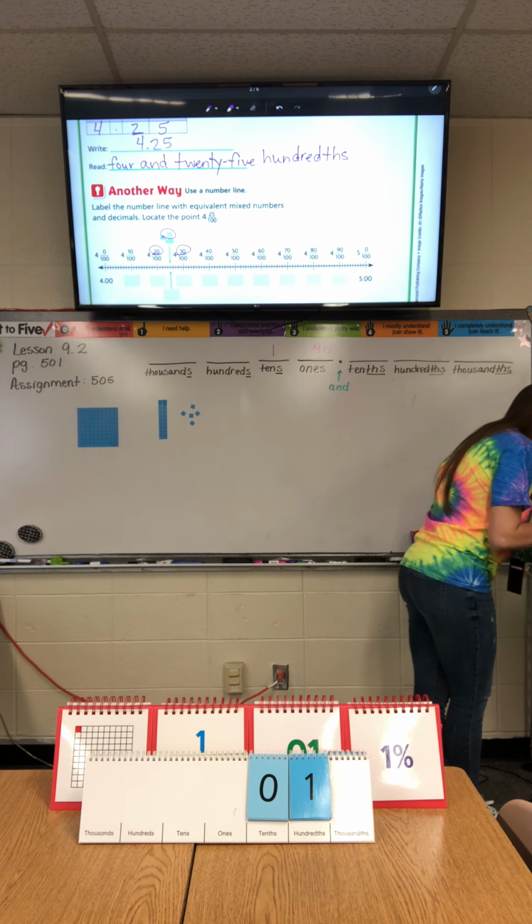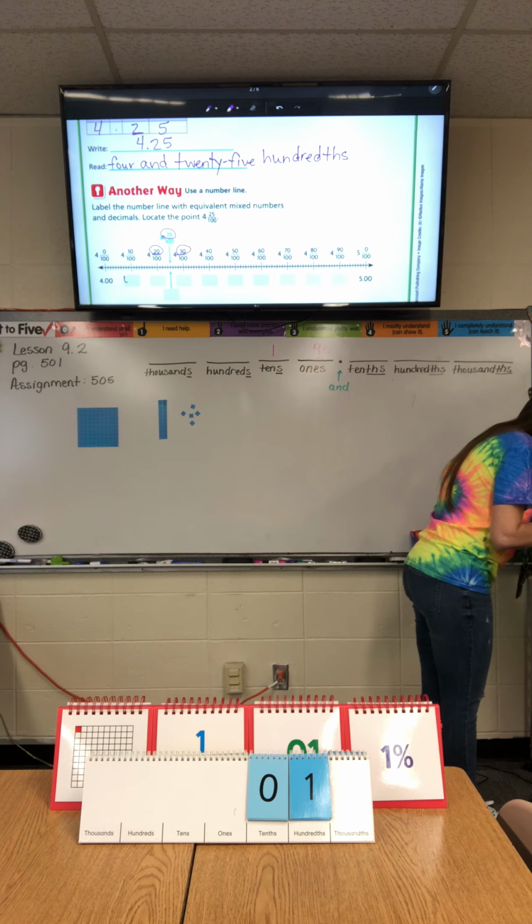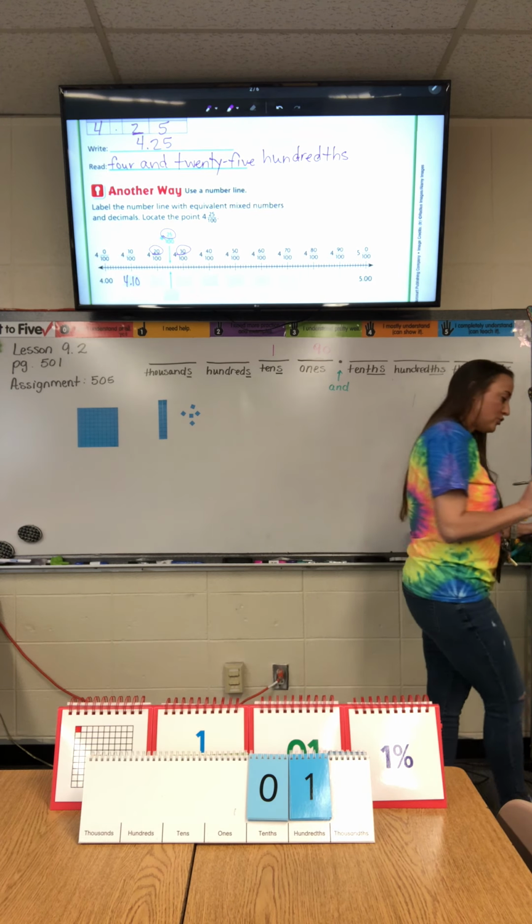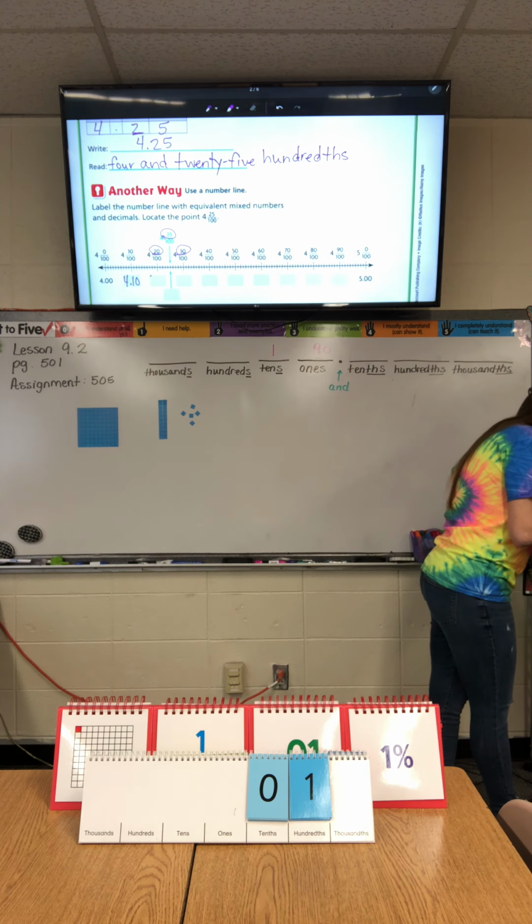And so if we look, this would be 4.10, 4 and 10 hundredths, 4 and 20 hundredths, 4 and 25 hundredths, 4 and 30 hundredths, 4 and 40 hundredths, 4 and 50 hundredths, 4 and 60 hundredths, 4 and 70 hundredths, 4 and 80 hundredths, 4 and 90 hundredths.